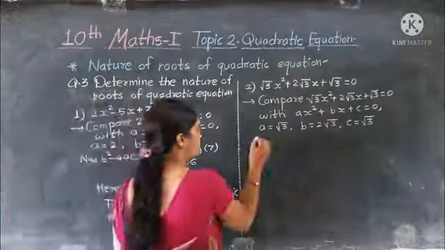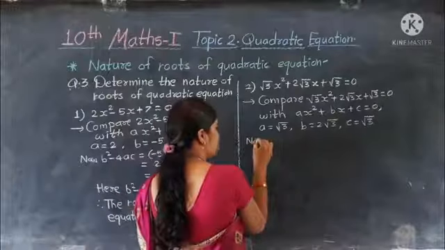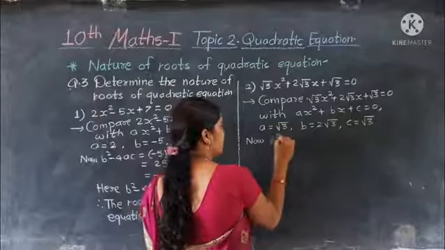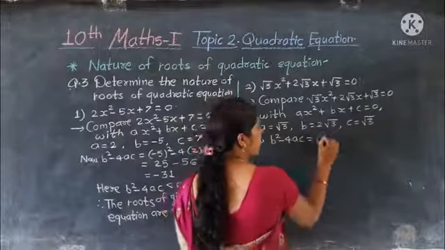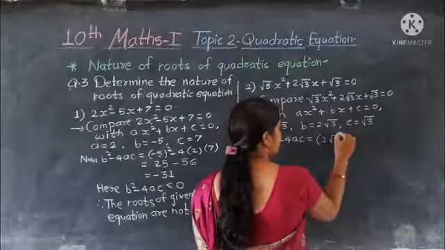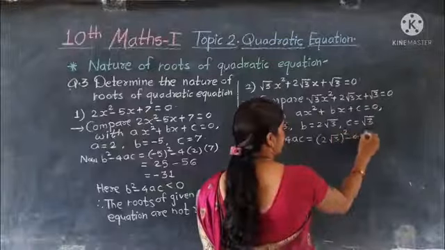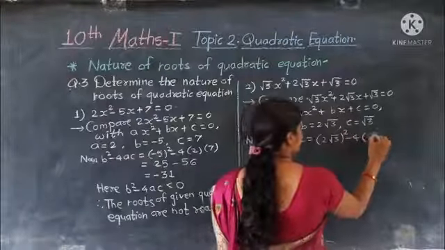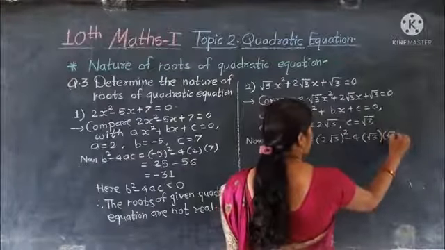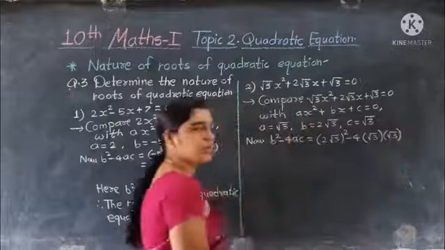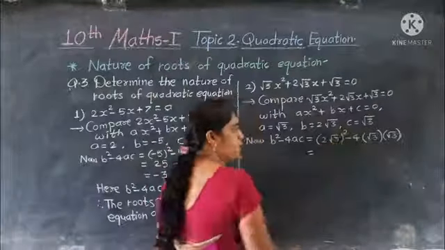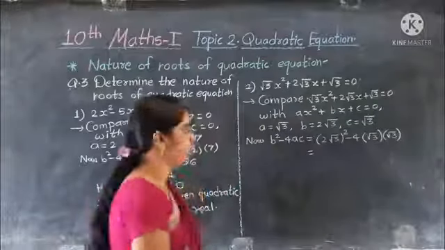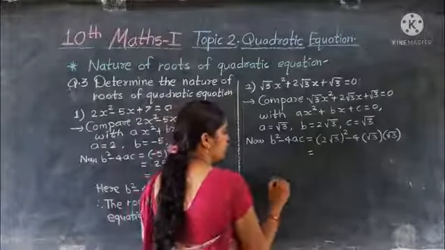Now we will find b square minus 4ac. What is the value of b? 2 root 3 square minus 4 into a is root 3 and c is root 3. 2 root 3 square means 2 root 3 into 2 root 3.